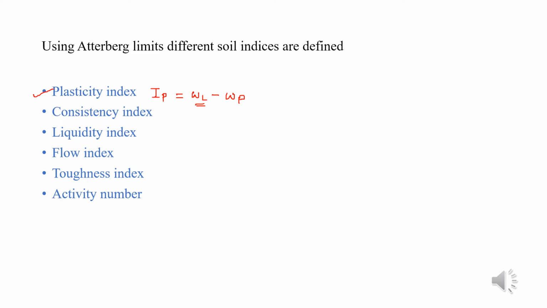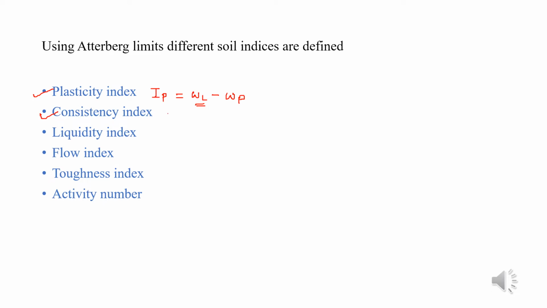Thus, the plasticity index indicates the magnitude of water content over which the soil will remain in the plastic state. Right? So basically, plasticity is that property of the soil that allows it to be deformed without any kind of rupture. We will learn how we determine the plastic limit and liquid limit in the laboratory later in this series of lectures.